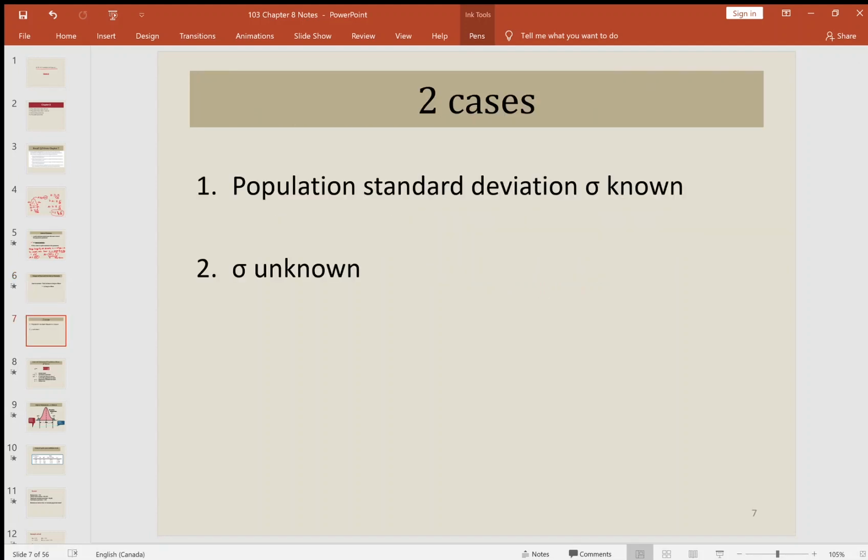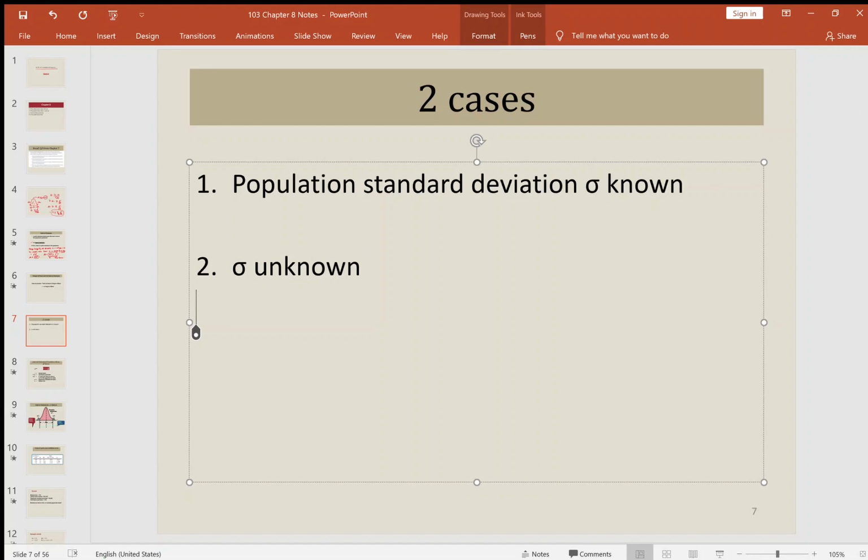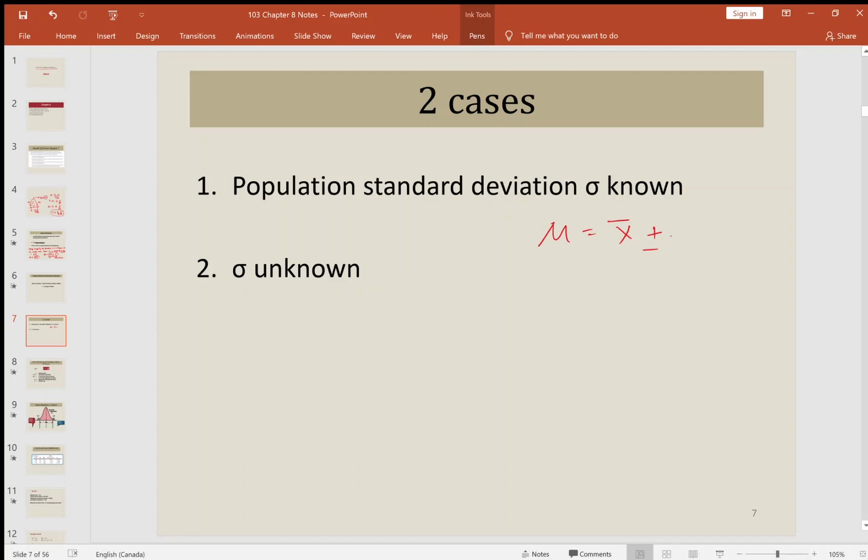And we will be looking at two cases. One where the population standard deviation sigma is known. In that case we will be using the formula that I already showed you: mu equals x bar plus minus z alpha by 2.